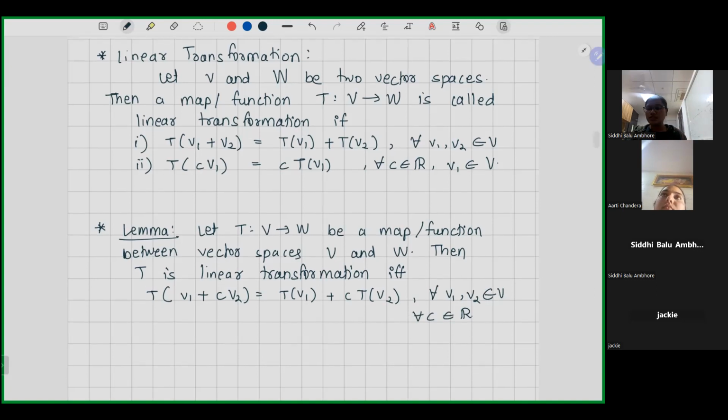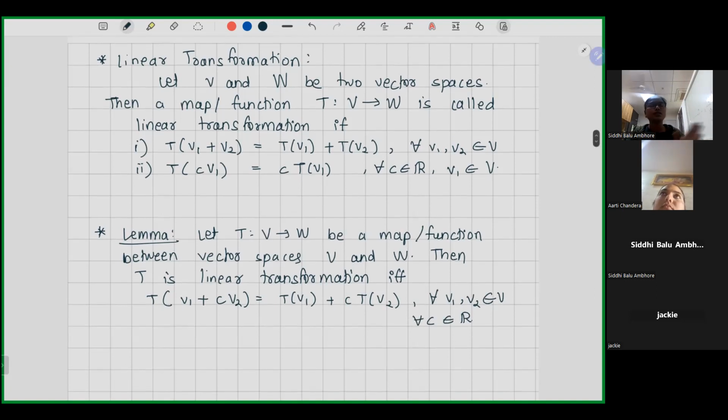So this is the definition of linear transformation. When we are asked to check whether some map is a linear transformation or not, instead of checking these two conditions, we will just check this one condition and conclude whether T is a linear transformation or not. Okay.